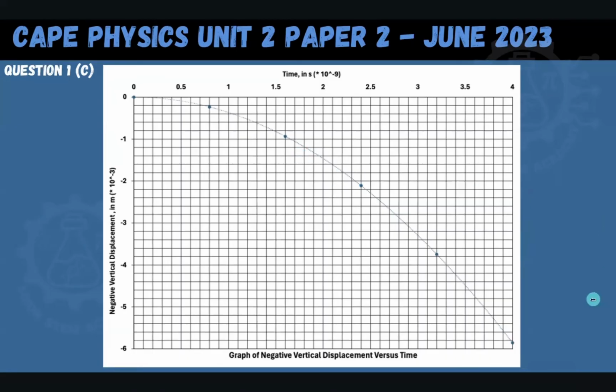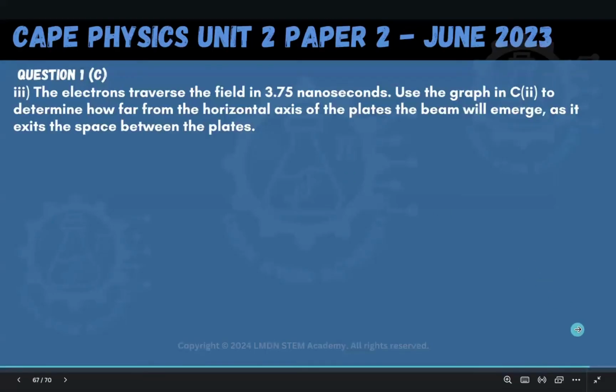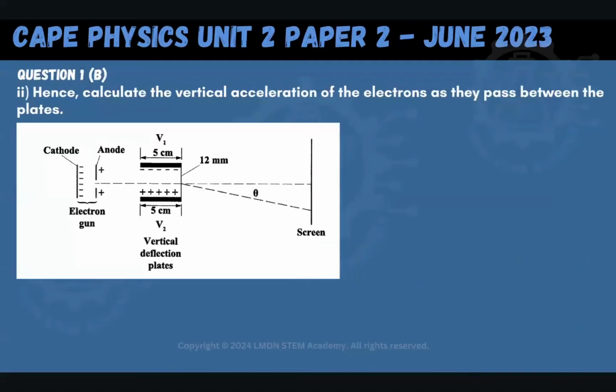So let's move ahead. It says that the electrons traverse the field in 3.75 nanoseconds. So from the time the electron jumps in to when it jumps out, it's 3.75 nanoseconds. Let me go back to this image and show you.